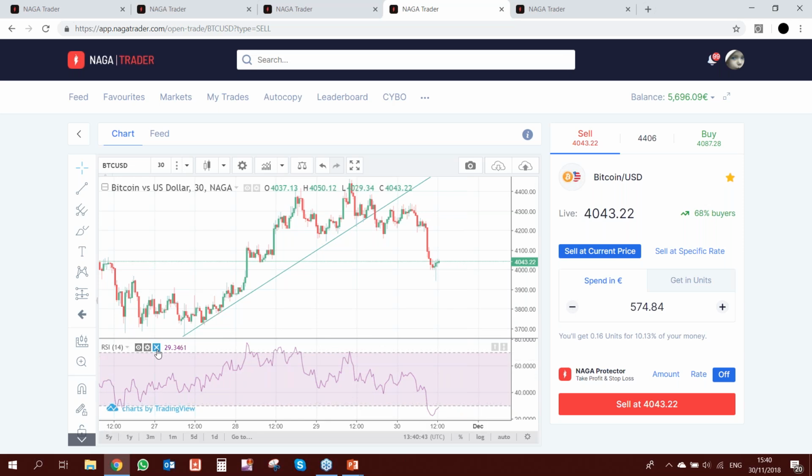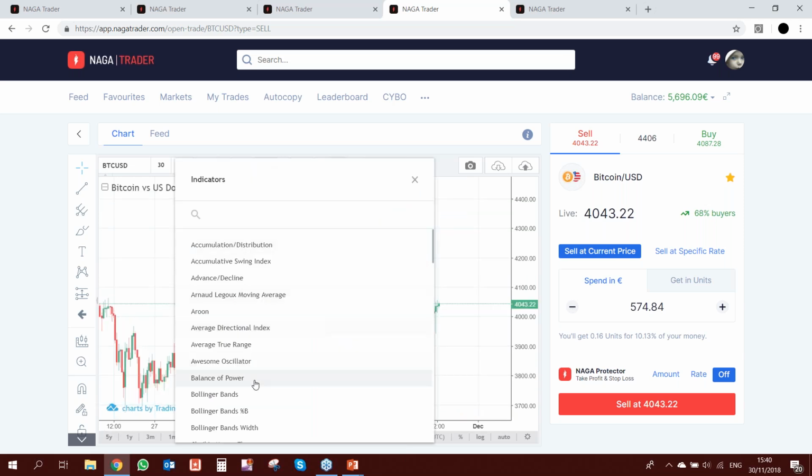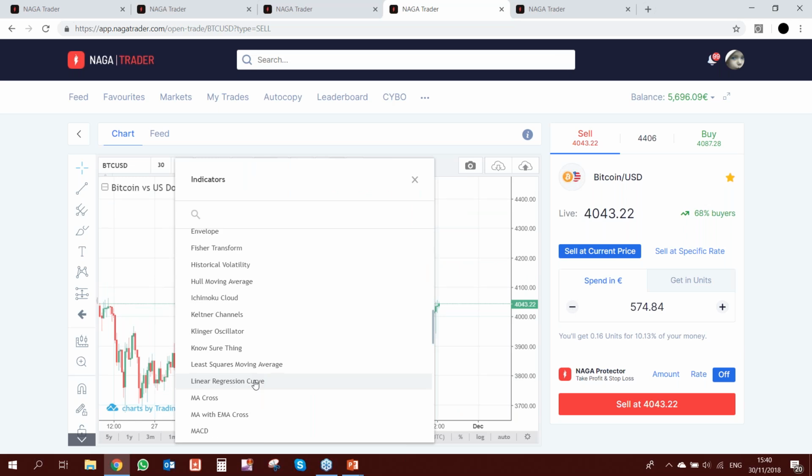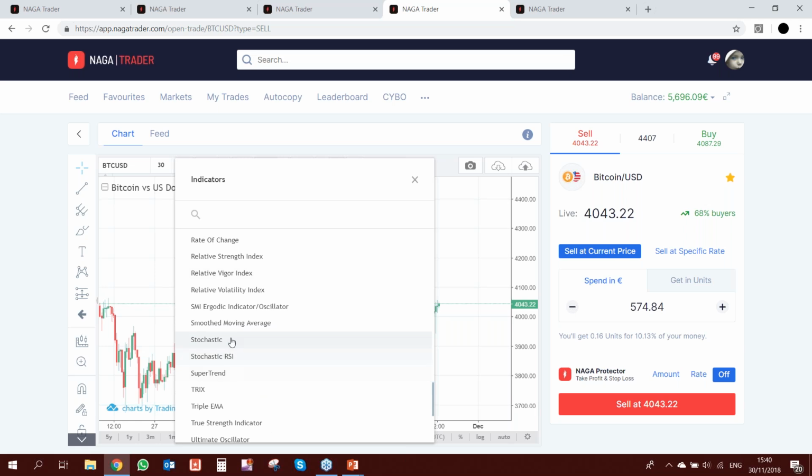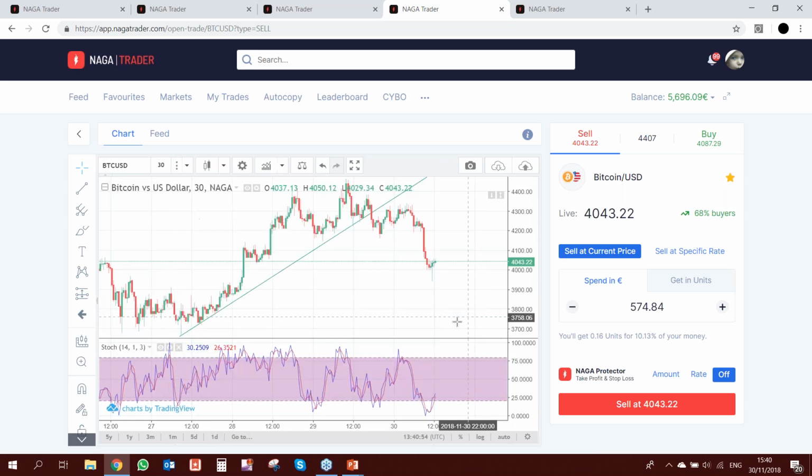Now let's also see what Stochastic did, which aligns perfectly with the CCI. Stochastic also provided us with a sell signal here. As stated before, it's a breakout oscillator. It wasn't as fast as the CCI, but it did provide a sell signal here.